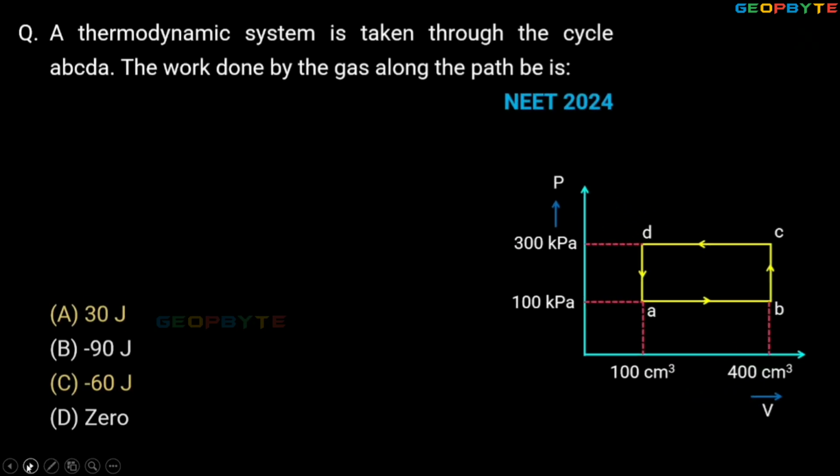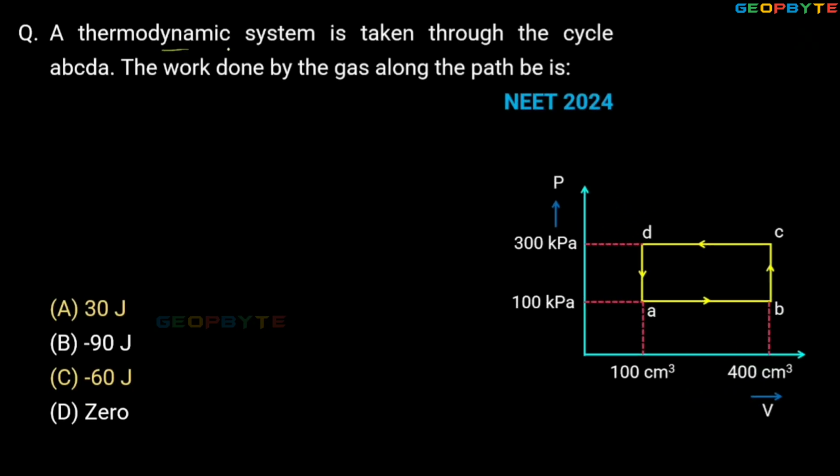It is asking like this. The thermodynamic system is taken through a cycle A, B, C, D, A. Look at the cycle. The work done by the gas along the path BC is how much? As we know, work done is equal to PdV.